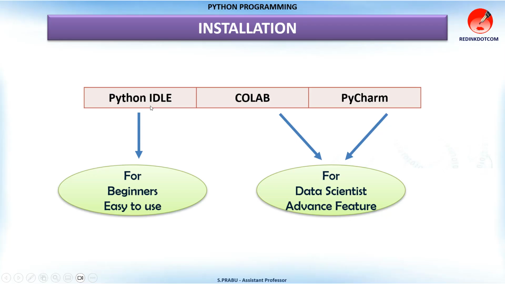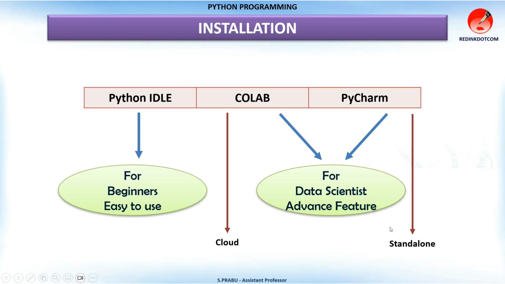So this Python default installation, called Python IDLE, is suitable for beginners, and these two are best for creating projects. Comparing these two, PyCharm can be installed on a standalone system, whereas Colab runs on a separate remote system called the cloud. Whatever resources we include can be loaded in the cloud and executed.